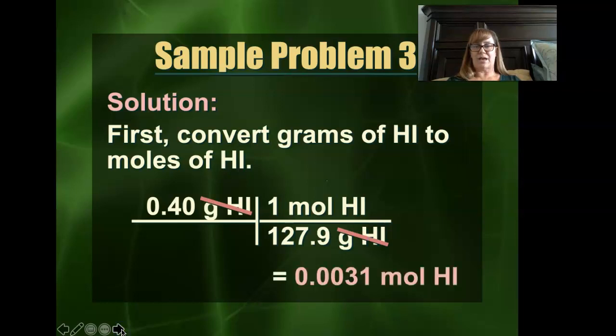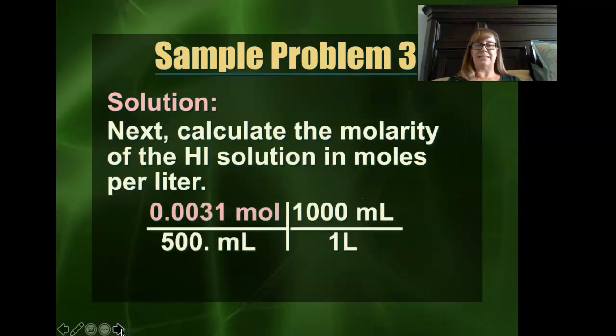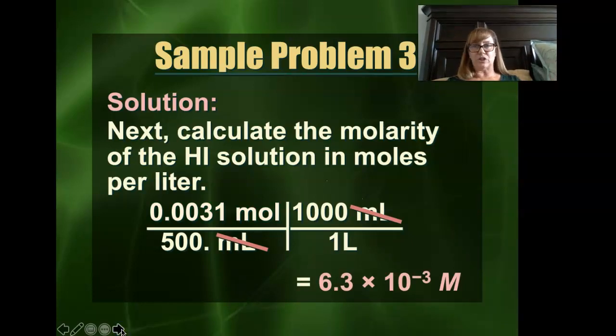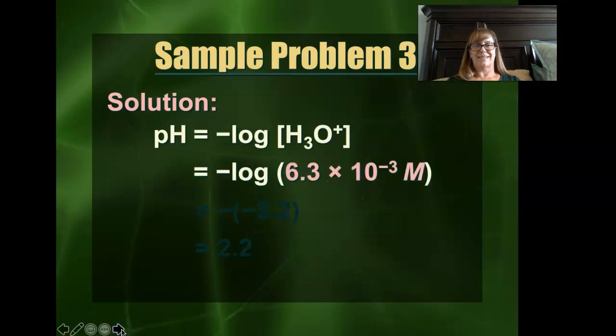We find out that we have 0.0031 moles. Use those moles divided by your liters, right? We had milliliters, we need liters. You would end up with a concentration of 6.3 times 10 to the negative third. You need to find the log of that and get the negative of that log, and you would find that your solution has a pH of 2.2.